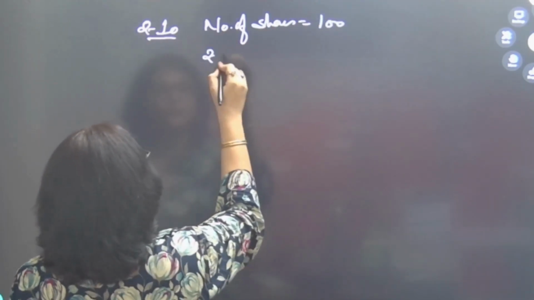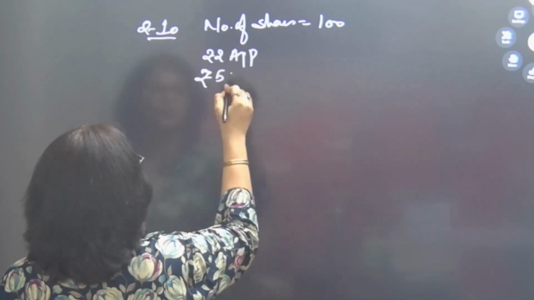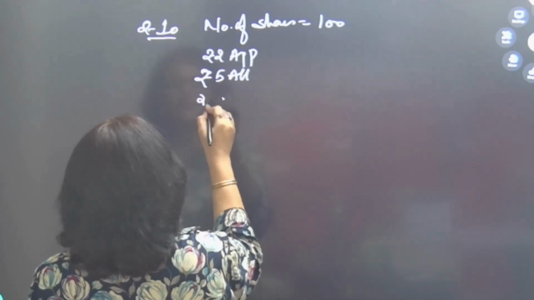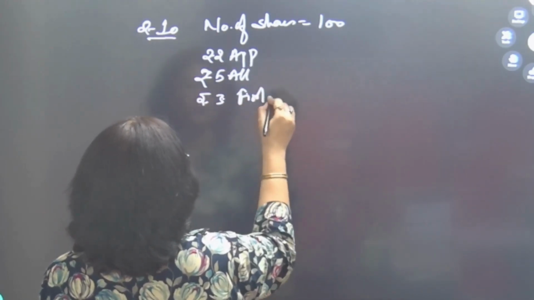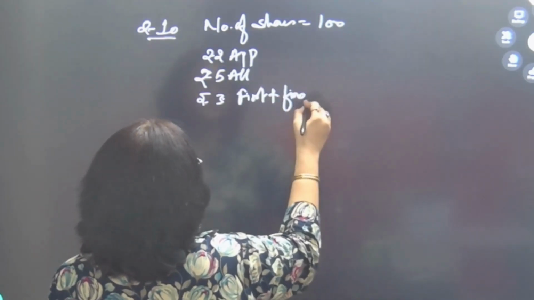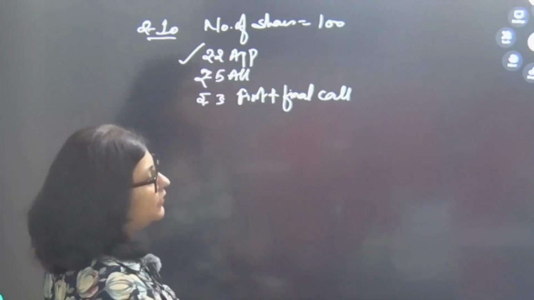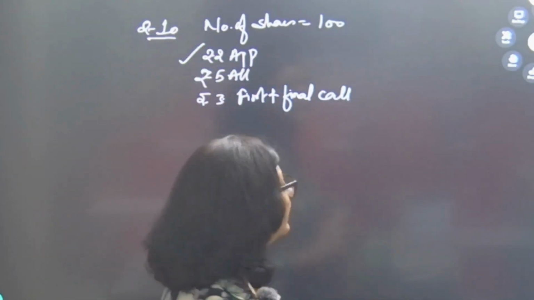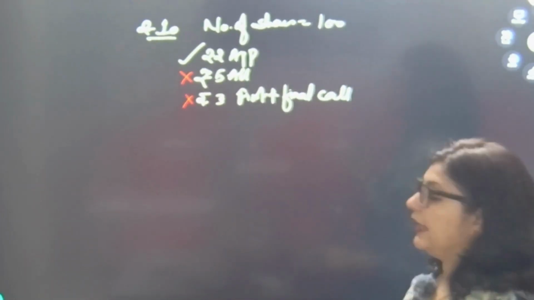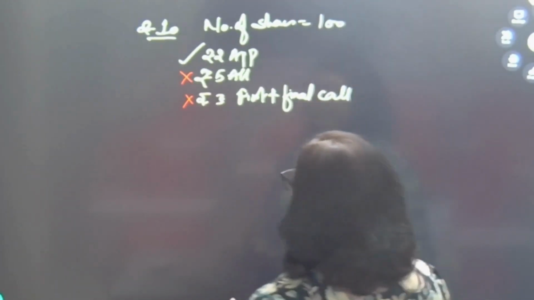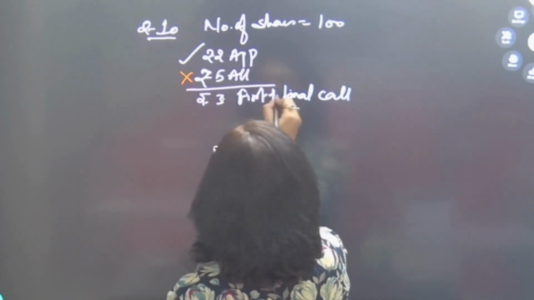Company has called 2 rupees on application, rupees 5 on allotment, and same like previous example, rupees 3 on first and final call. Now this time let's assume the shareholder has paid only rupees 2 on application money. He hasn't paid this rupees 5 and rupees 3. Means 8 rupees is not being paid. In that case, let's say company has forfeited his shares.